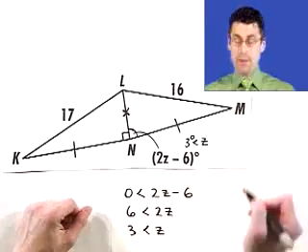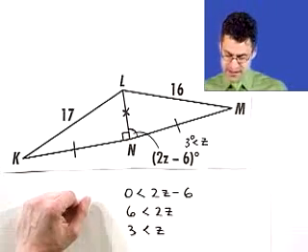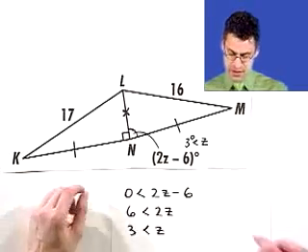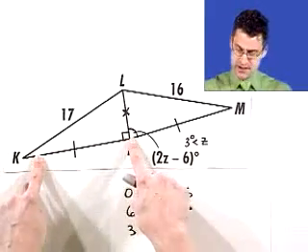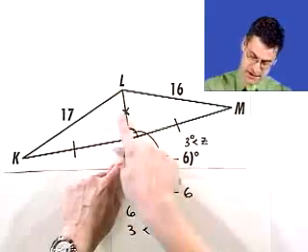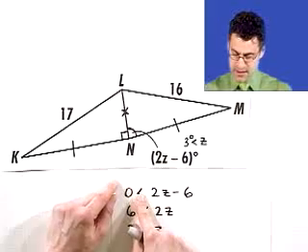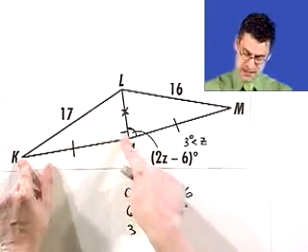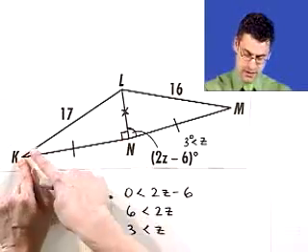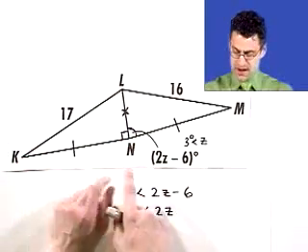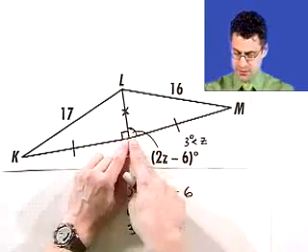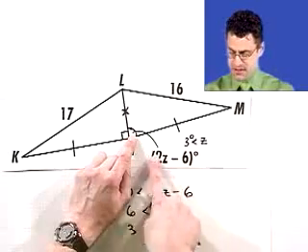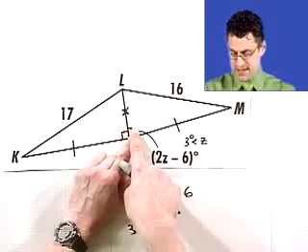Now, is there an upper bound for z? Well, let's look at this a little bit closer. I've got this side congruent to this side. I've got this side congruent to itself. And I see that the opposite side to this 90-degree angle, this right angle, is 17, whereas the opposite side to this mysterious angle, 2z minus 6, is actually going to be 16.